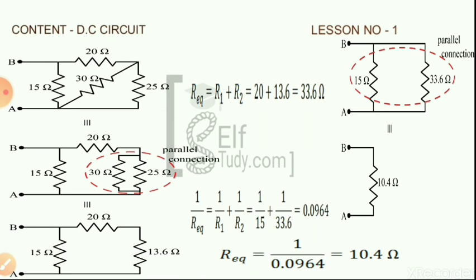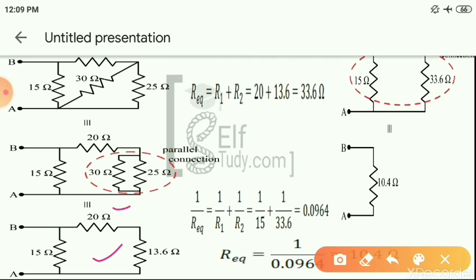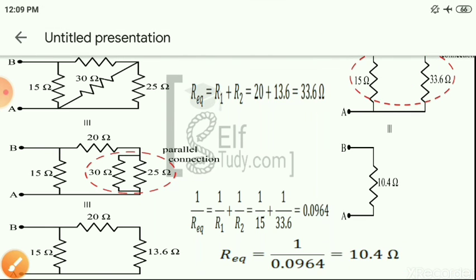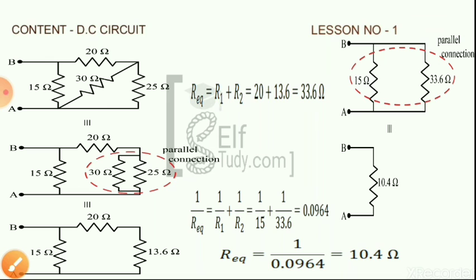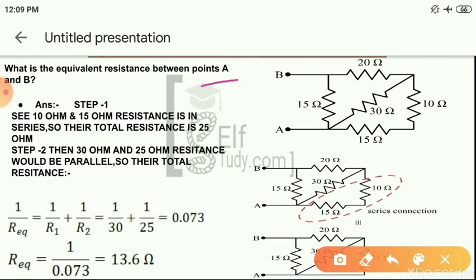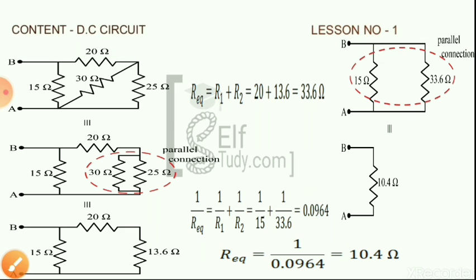Now step 3, this 13.6 ohm and 20 ohm are in series, so their total resistance is 33.6. And step 4, 33.6 and 15 ohm are in parallel, so their total resistance is 10.4 ohm. So the total resistance, meaning the equivalent resistance between point A and point B, is 10.4 ohm.